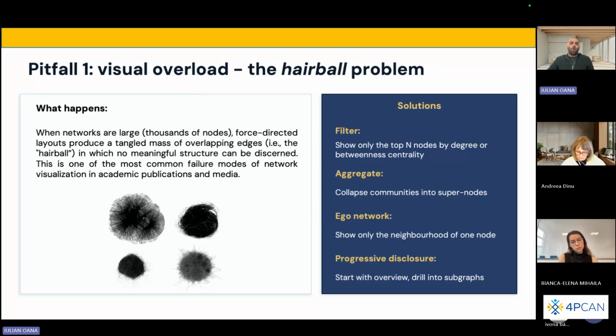So when we have very big networks with thousands of nodes, the force-directed layouts will produce this tangled mass of overlapping nodes and edges, which tend to be similar to a hairball. This is why they are called hairballs.